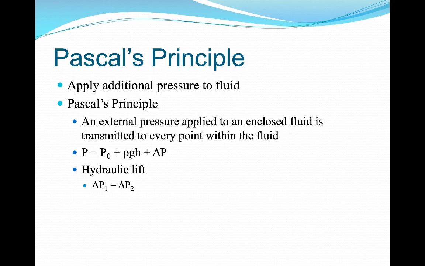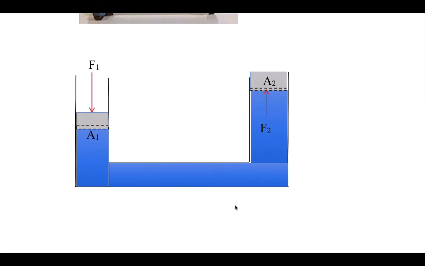Okay, so now again, what does all this mean? As I showed with that demonstration, if you apply a force to one side of a liquid, you are creating a change in pressure, which will be based on that force over the cross-sectional area of what you are applying to.